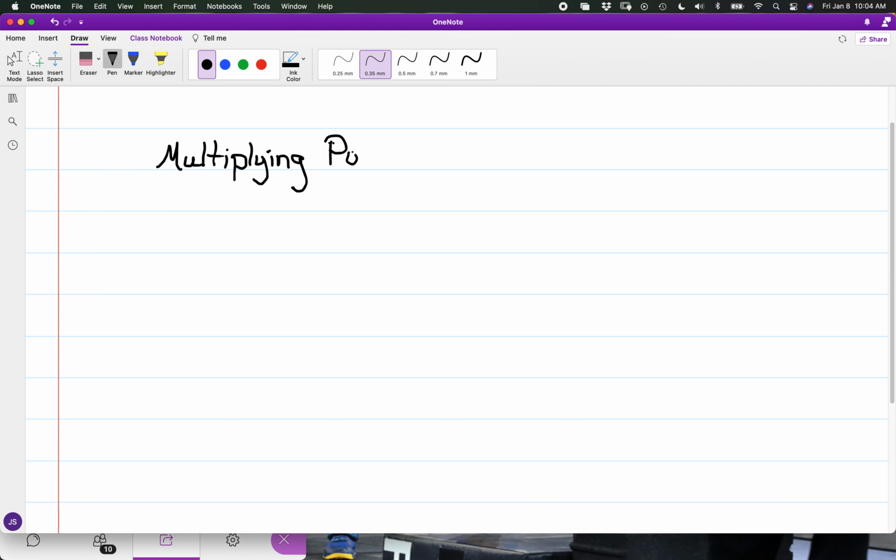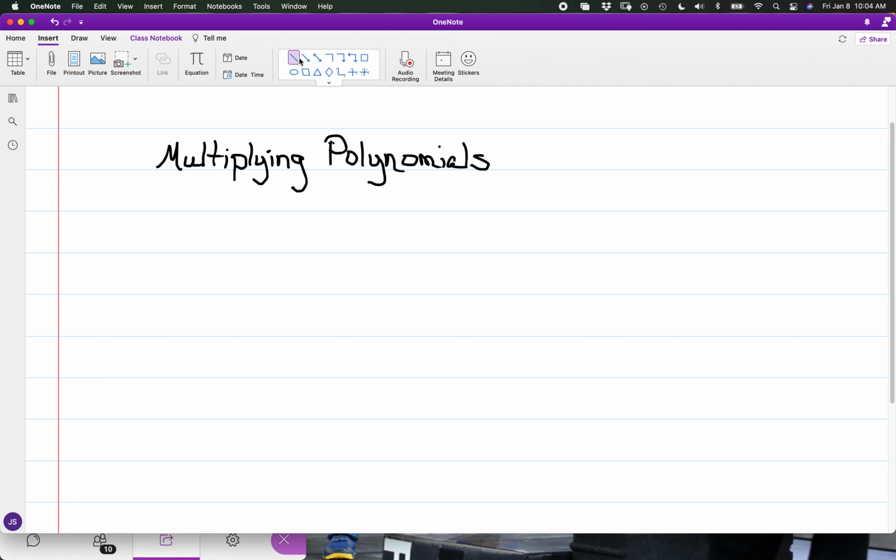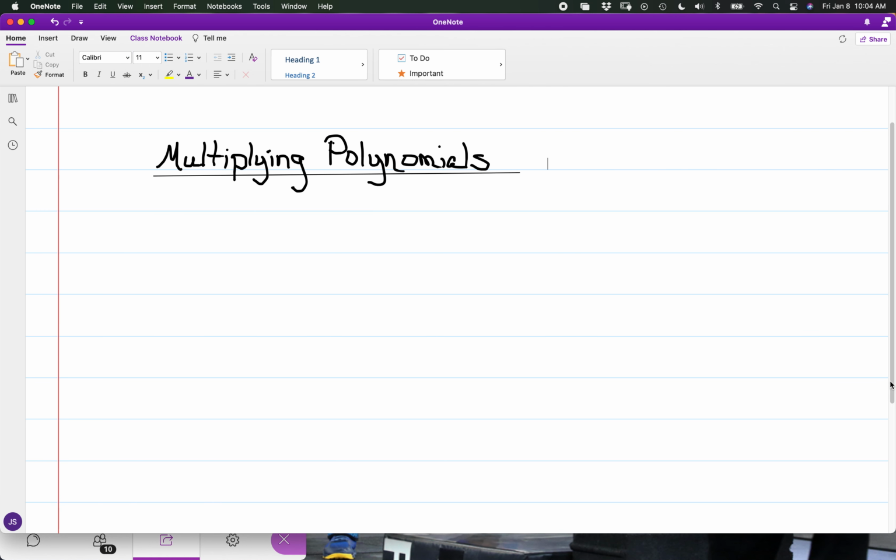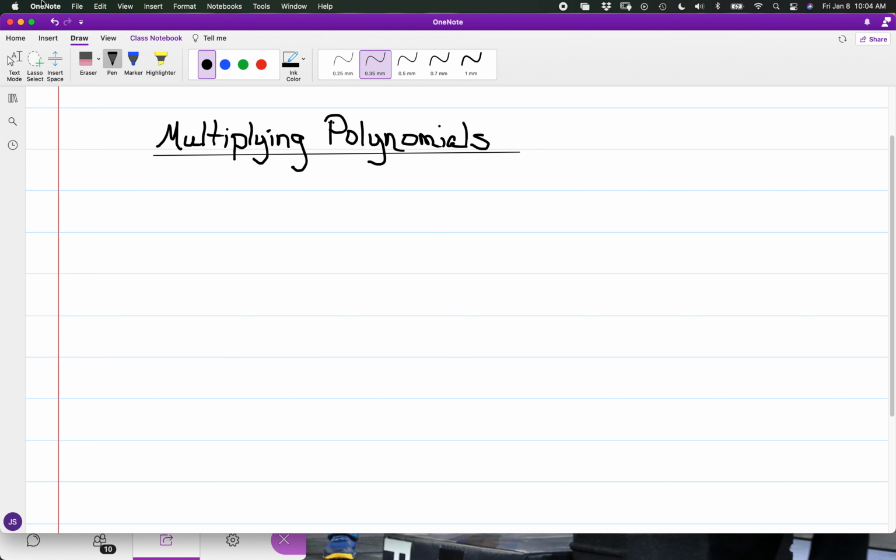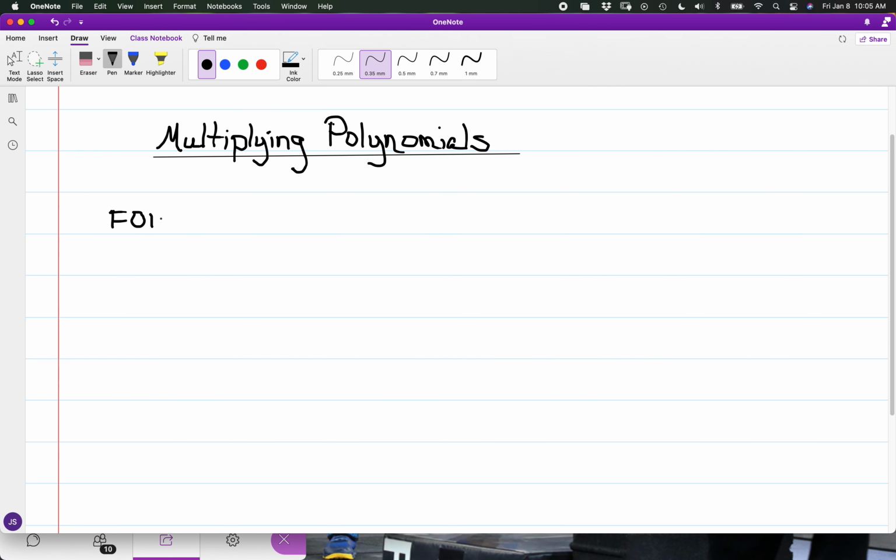And at the start we have the introductory material: multiplying polynomials. For multiplying polynomials, a common approach is referred to as the FOIL method. And that's an acronym for first, outer, inner, and last.